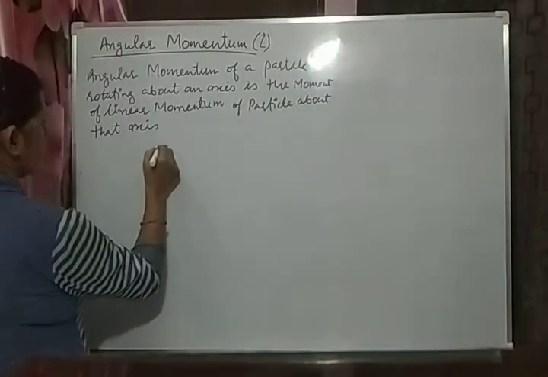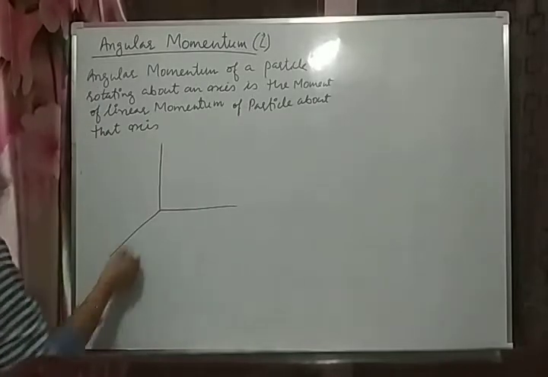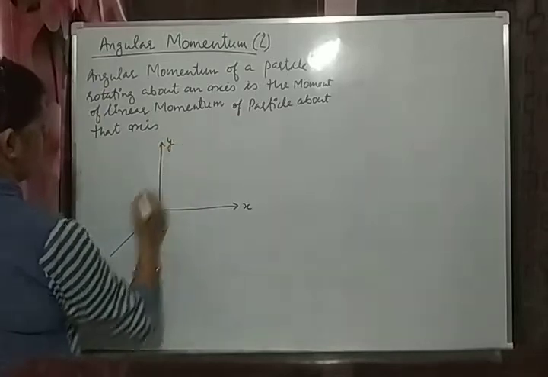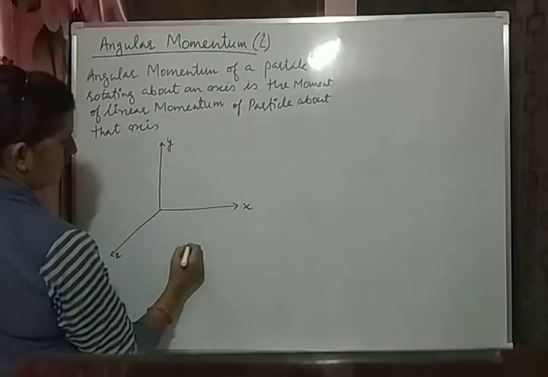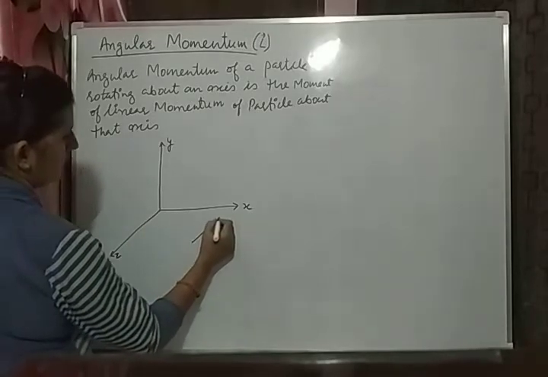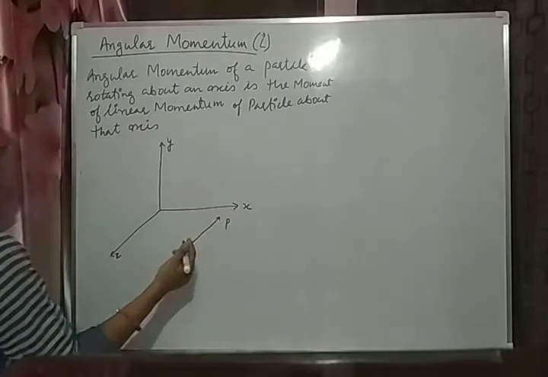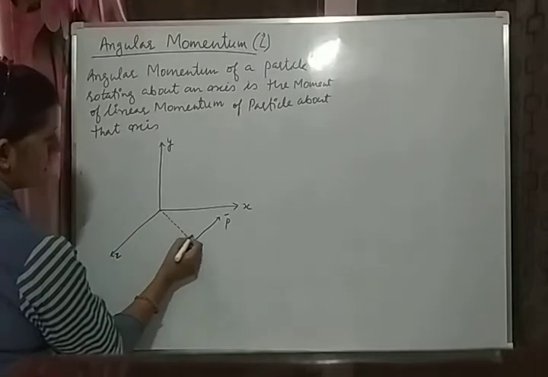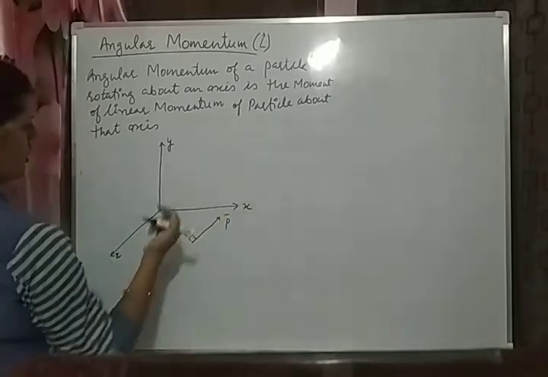Similarly, as you have derived the torque, you can find the formula for the angular momentum. Take the three axes x, y, z, and we consider that the point is here, and we have applied the linear momentum to the body, and this is the perpendicular distance for this linear momentum for producing the moment of linear momentum.